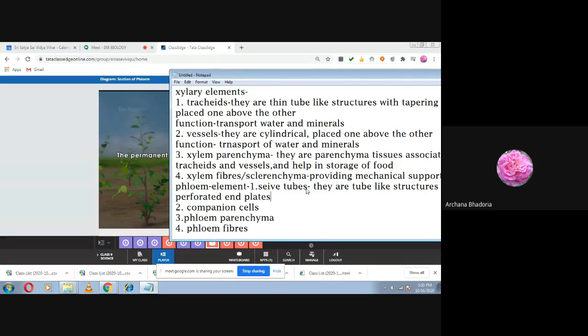Now, perforated end plates mean, children, that they have fine pores, and these fine pores make it like a sieve. It becomes like a strainer. So that is why these tubes are known as sieve tubes, because of the presence of perforated end plates, and these end plates are called sieve plates.